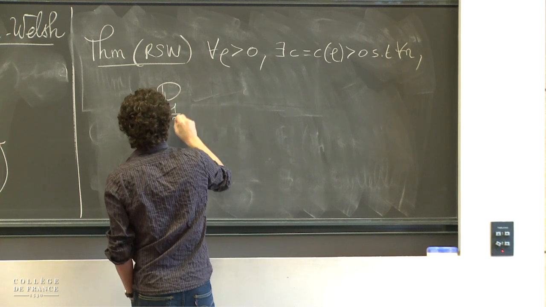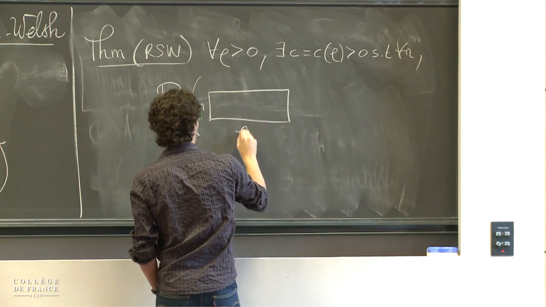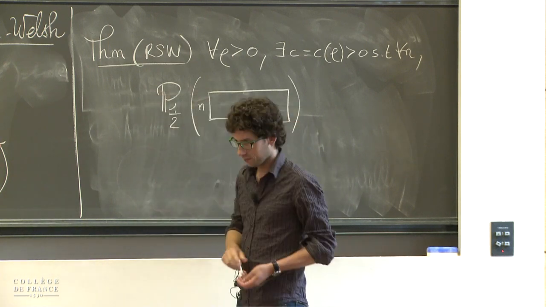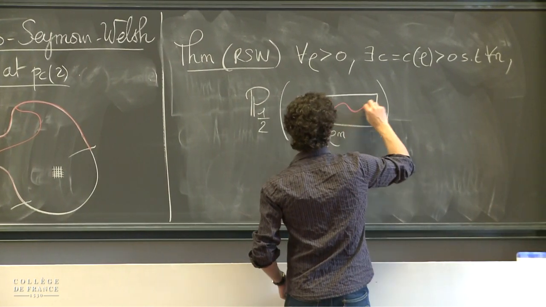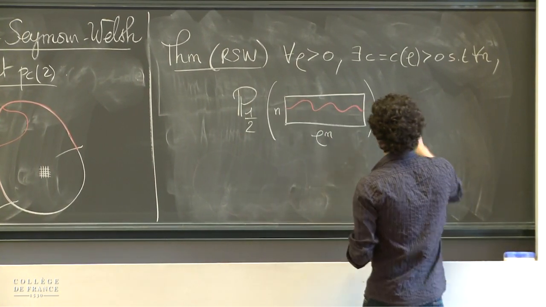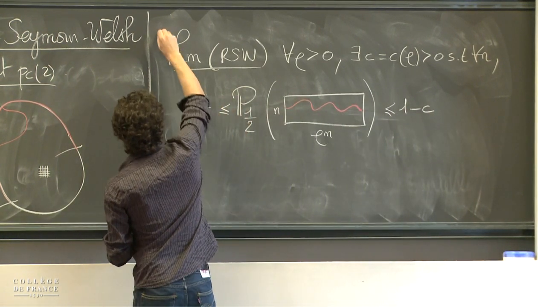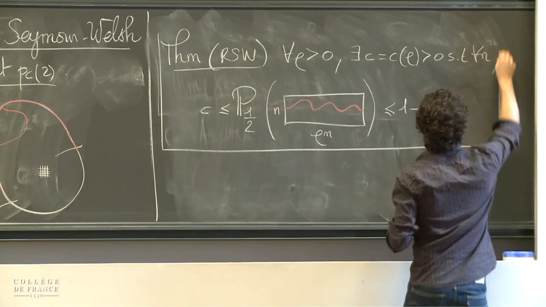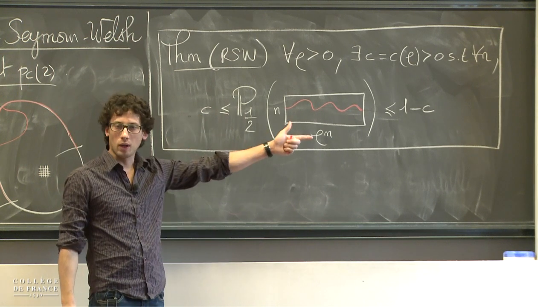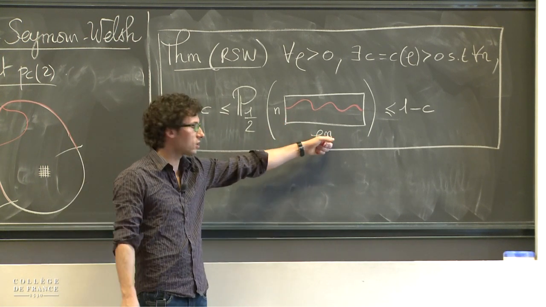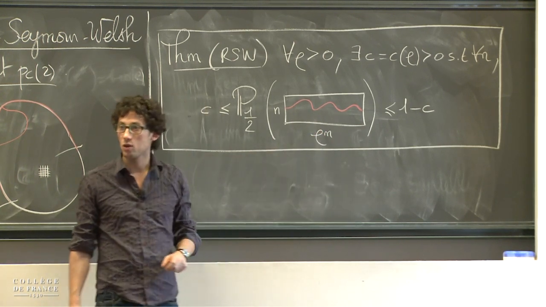The probability at 1/2 of having a crossing in the box of size n times rho n is smaller or equal to 1 minus c and larger or equal to c. That's going to be my theorem. So it doesn't tend to 0, it doesn't tend to 1, uniformly in the size of the box. This bound, of course, depends on the value of rho.